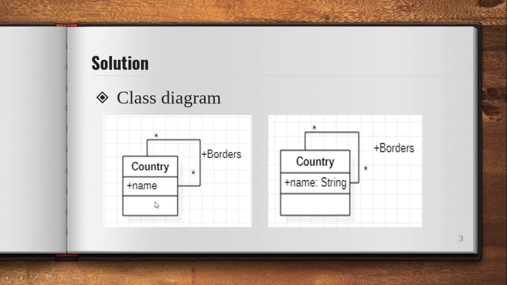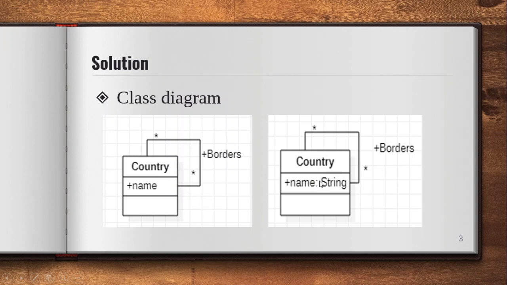One class is there, the name of that class is country, and the attribute name is the attribute of that country class. For this country class there is a reflexive association, the name of that association is borders, and the country class has a many to many relationship. So this is one of the solutions.